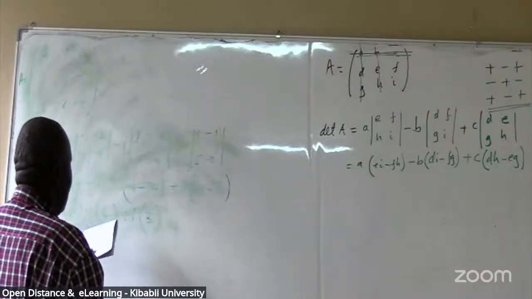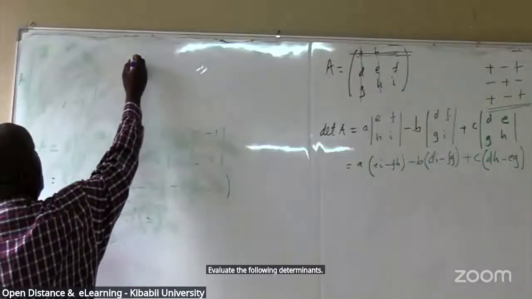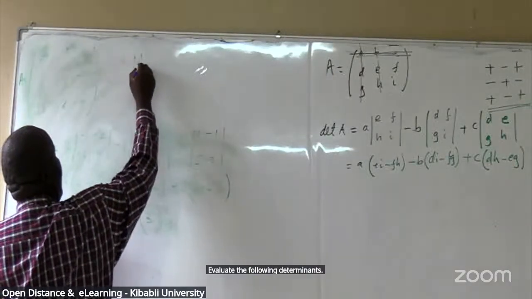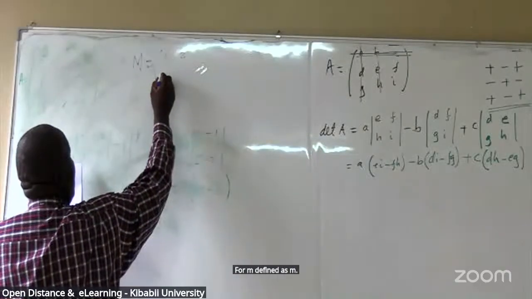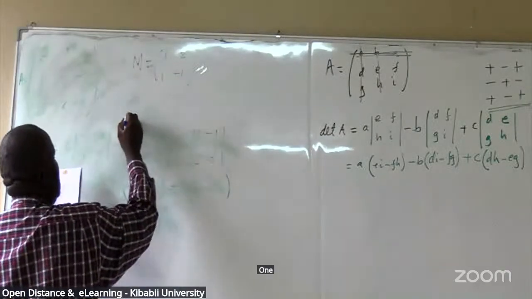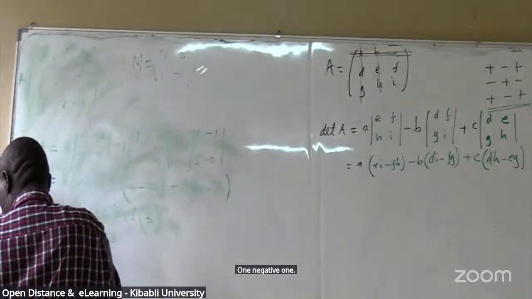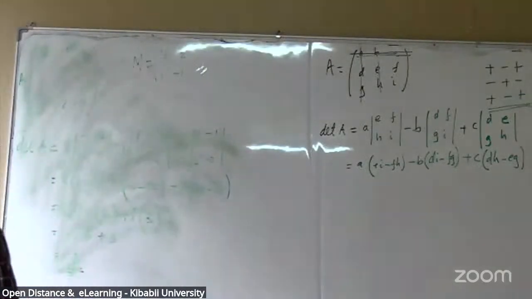Evaluate the following determinants. For M, defined as 1, 2, 1, -1.